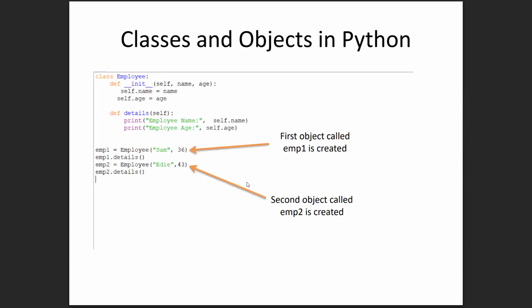Now see here. Here I am creating a class, Employee. After that, I am defining a function inside the class and passing two parameters, name and age. Now I am giving instances for that class: self.name equal to name, self.age equal to age. So these are the instances for the class.